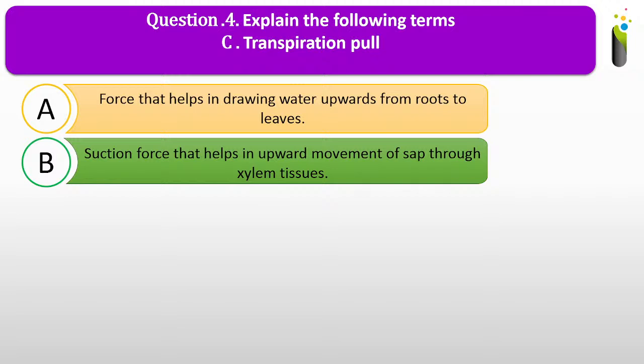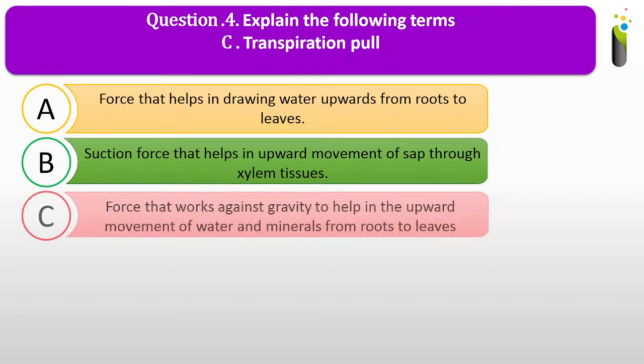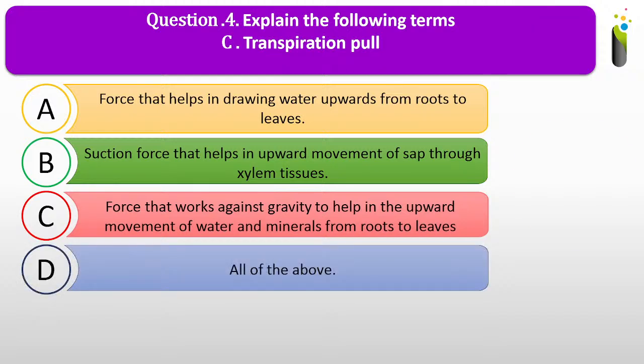I suppose that answer is wrong. C. Force that works against gravity to help in the upward movement of water and minerals from the roots to the leaves. D. All of the above.